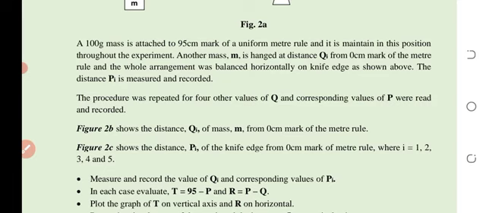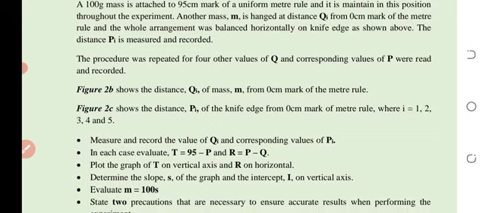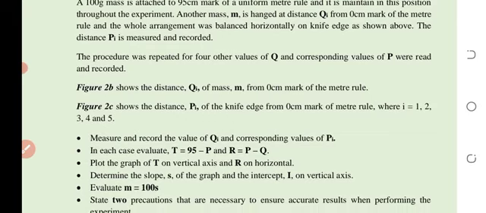Okay, now how are we going to do this? Like I said, in alternative to practical, we use figures and diagrams to take our observations. Figure 2b shows the distance Q, that is the distance that was varied for mass M from the 0 centimeter mark of the meter rule, while figure 2c shows the distance P_i, that is the distance of the pivot from the 0 centimeter mark every time we vary the value of Q. Now this i represents our serial number of the experiment.